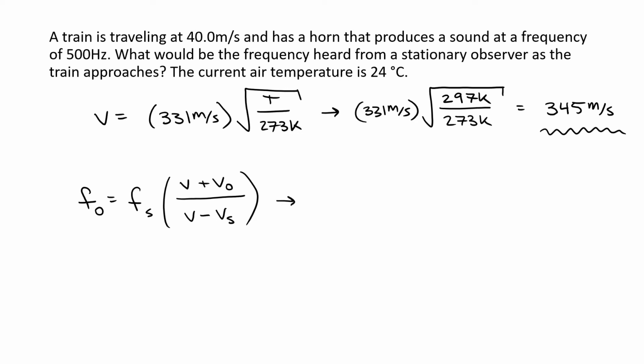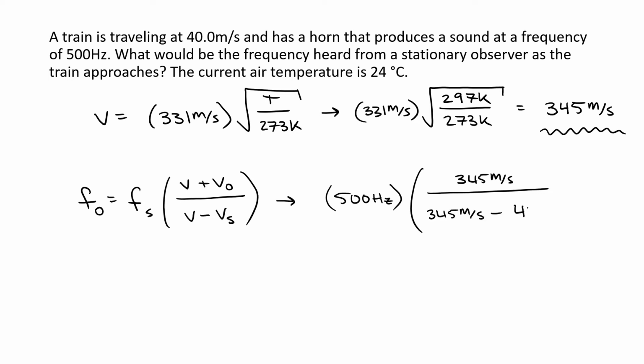All right, so we have the original frequency was 500 hertz. The observer is stationary, so that's 0. The speed of the wave, 345, and we have the speed of the wave minus how fast the train is moving.